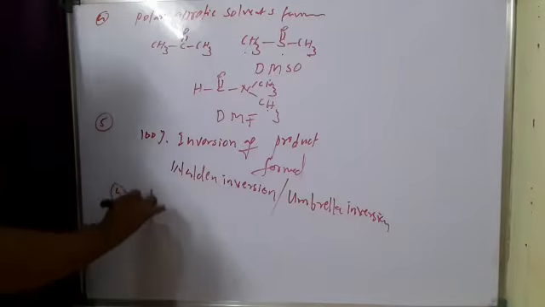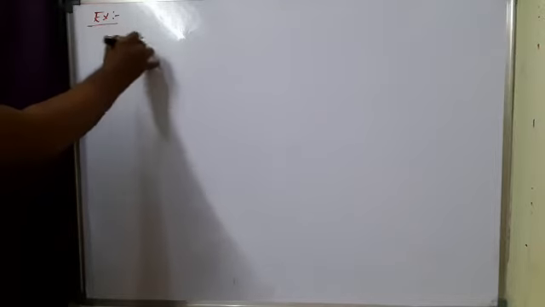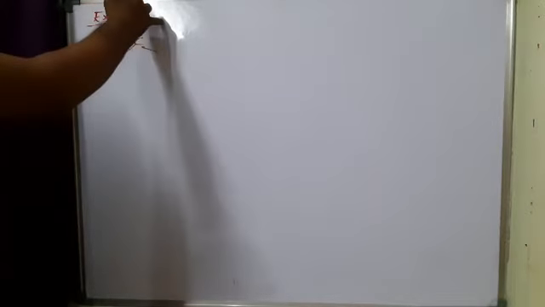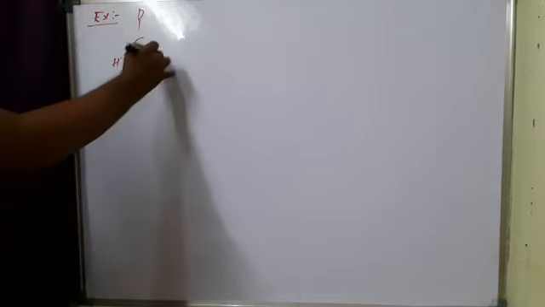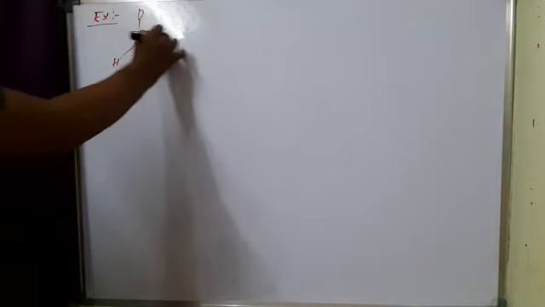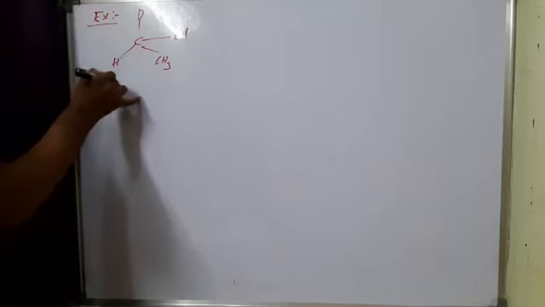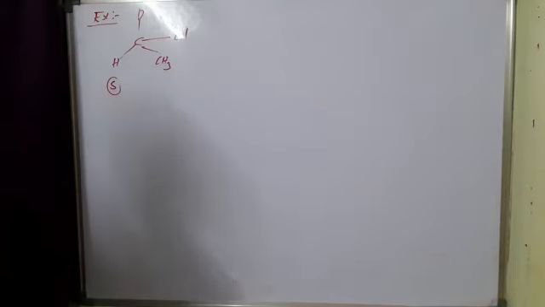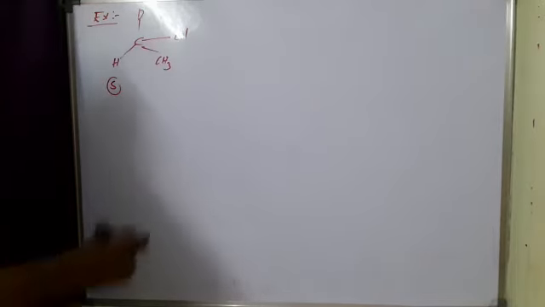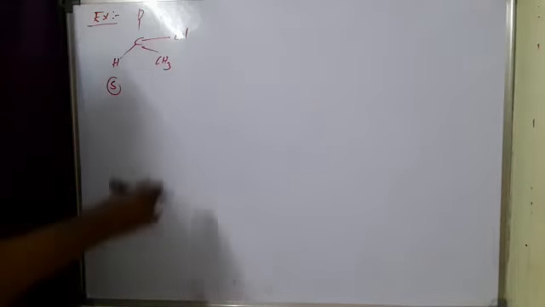And so we discuss an example. For example, I am taking deuterium, hydrogen, and methyl. This is chlorine. This is deuterated ethyl chloride. For example, its configuration is R configuration.